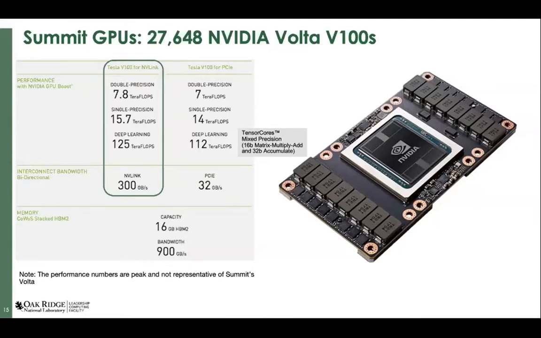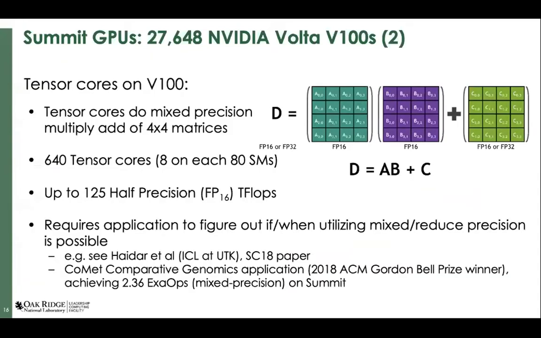One new, unique thing about Summit was its Tensor Core support. Each streaming multiprocessor on the GPU contains 32 double precision cores, 64 single precision cores, and 8 tensor cores.